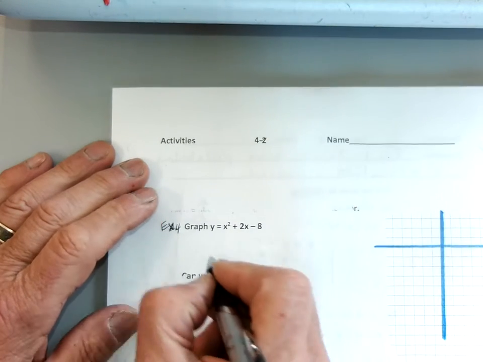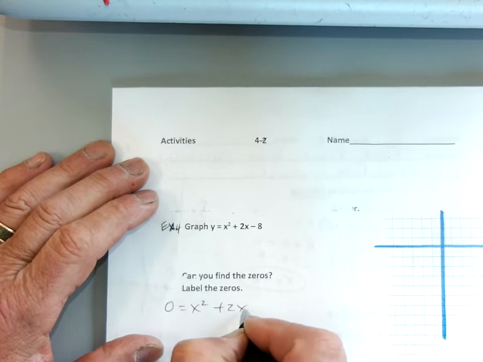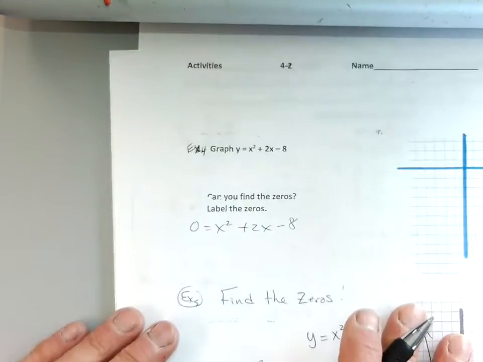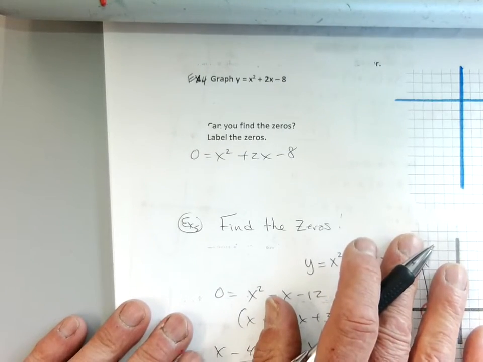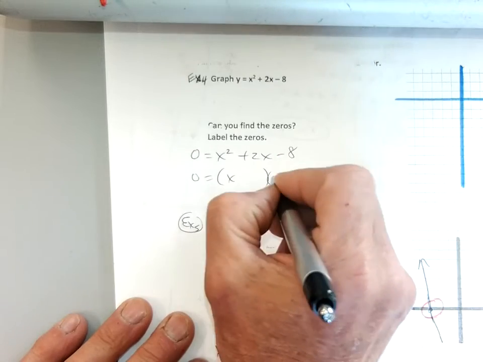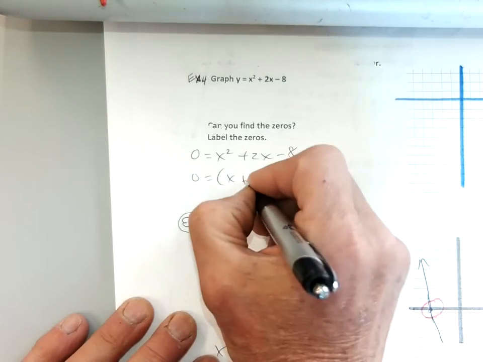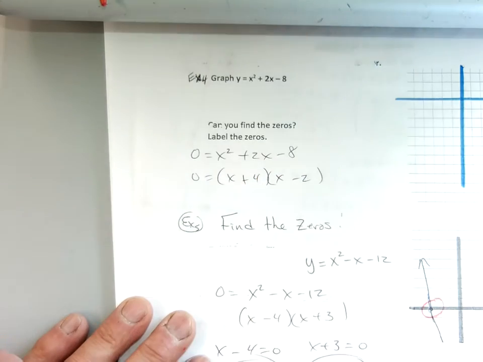Sure. Set it equal to 0. And let's factor. All right, well, x times x, positive 4, negative 2, right?